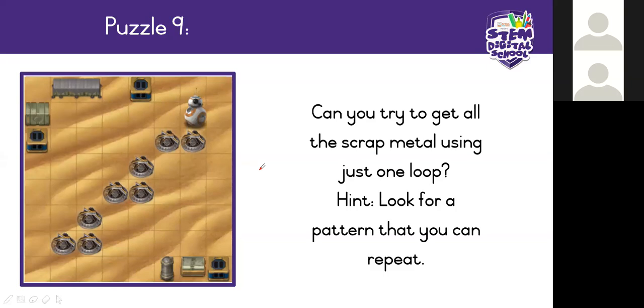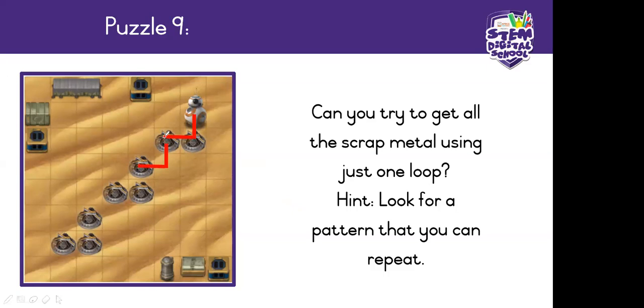Okay. Now I gave you a hint. Look for a pattern that you can repeat. Yeah, I drew a pattern for you. Look there. BB8 is going to move forward, turn, move forward. Okay. There's the next pattern. It's exactly the same. And the next one. And the next one. And the next one.